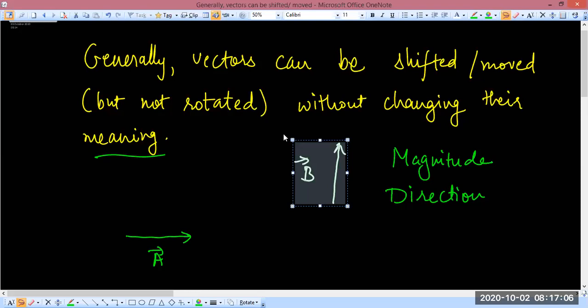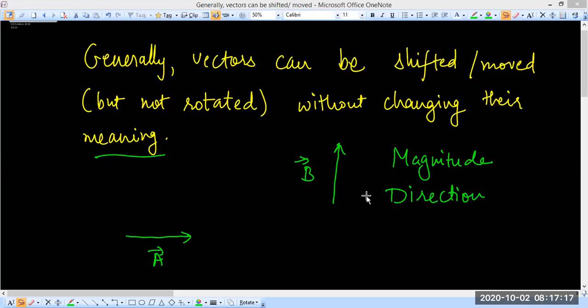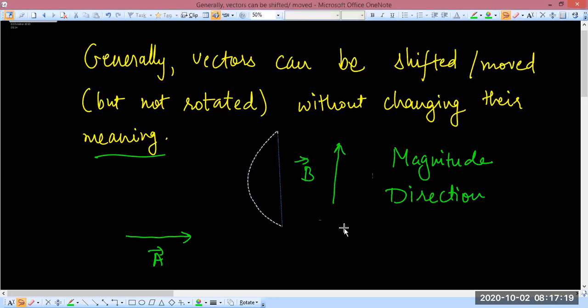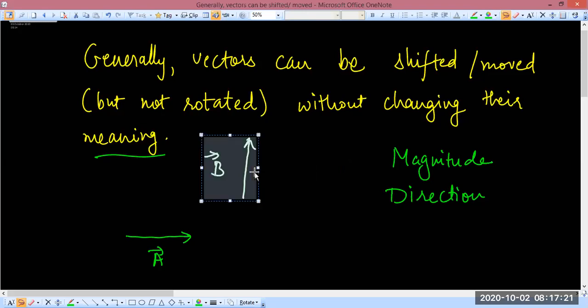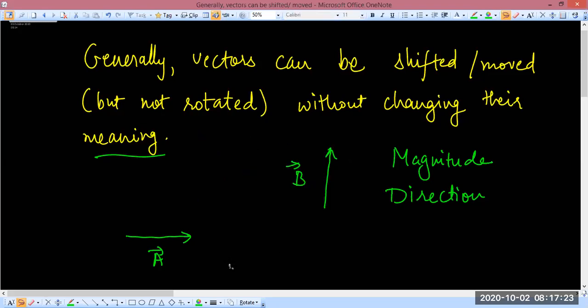This is one of those things that is very easy to explain on a computer. It would be a nightmare to explain on a board, but here I can do it so easily thanks to OneNote. You can shift it, direction does not change. Obviously magnitude will not change. Why? Because magnitude is indicated by length.